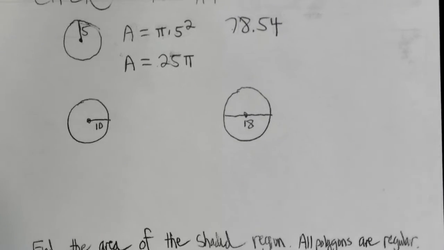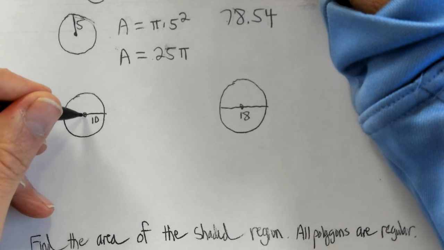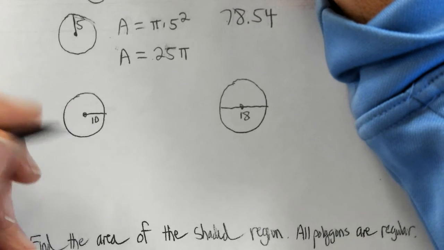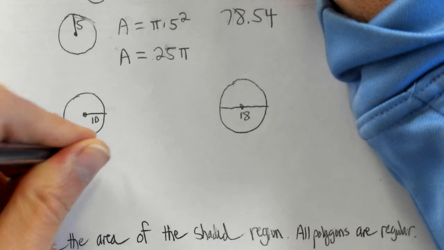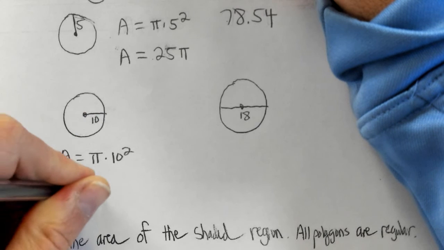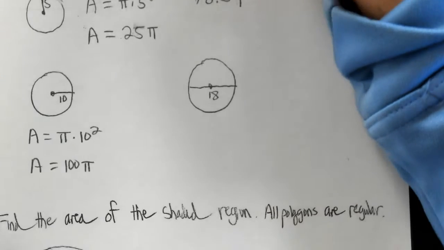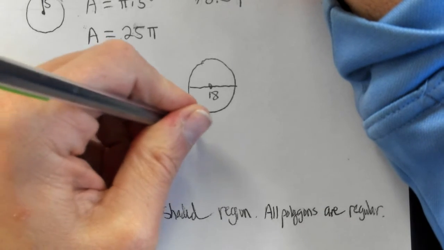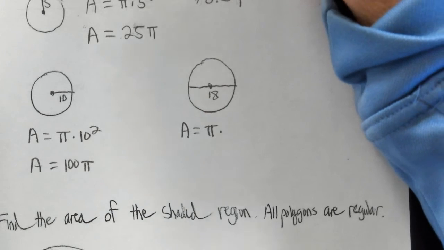All right, so just a little more practice at that now. Let's say I've got another one where my radius is 10. So again, area equals pi times 10 squared, which means the area is going to be 100 pi. And of course this one where area is equal to pi times, now don't forget r stands for the radius, right?